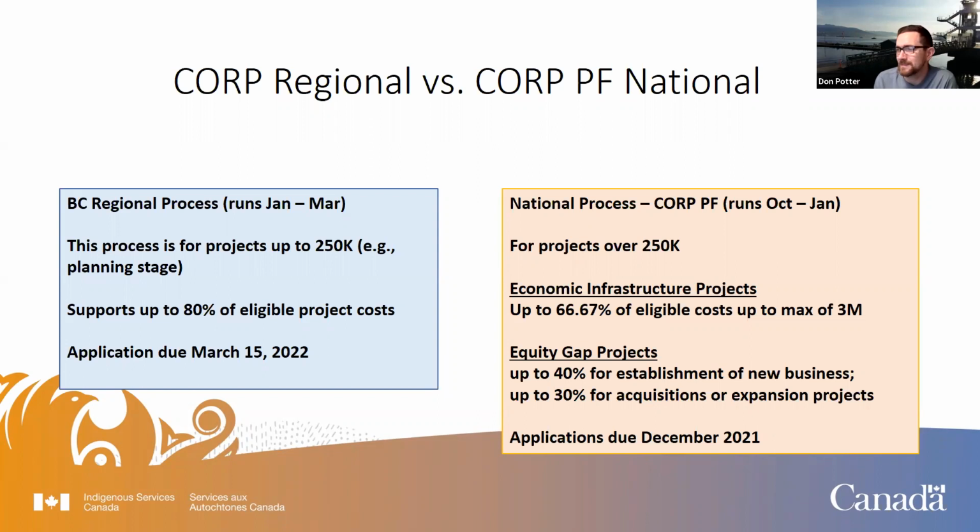We will fund up to 66% of the economic infrastructure projects, for a maximum of $3 million. For the business or equity gap projects, for acquisitions of businesses or startup of businesses, it'll be up to 40% for the establishment of a new business and up to 30% for acquisition or expansion projects. Those applications are typically due in December, and last year they were due December 21st or December 4th, 2021.